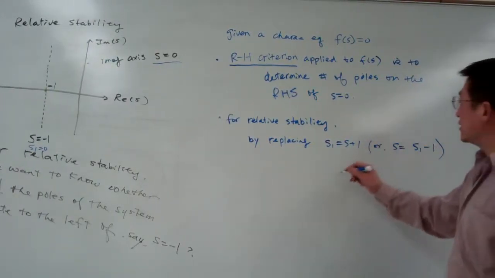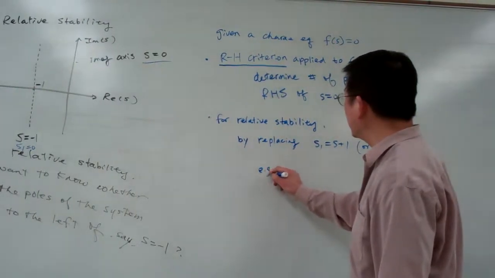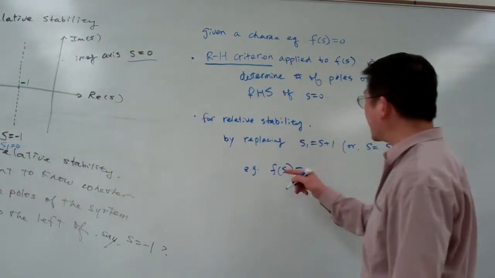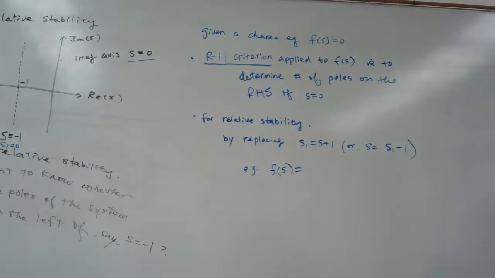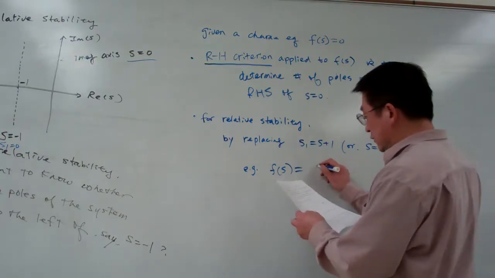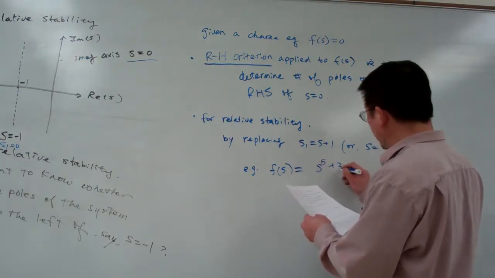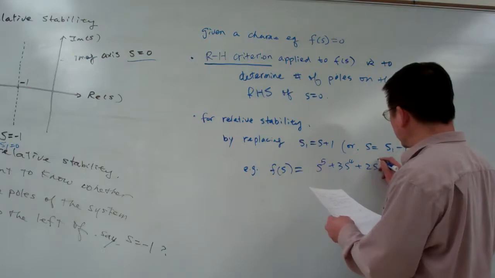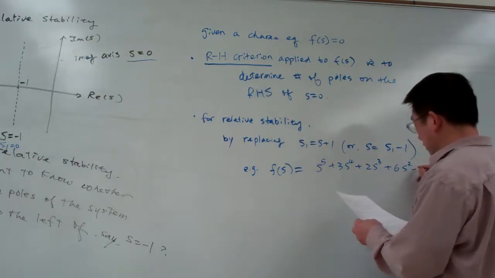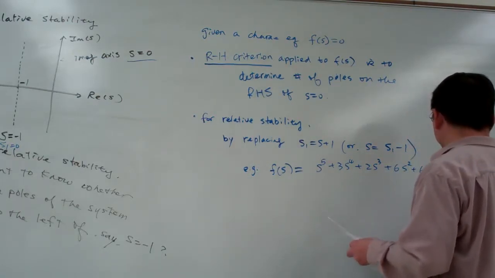So here you replace, for example, f(s), our given example, our previous example: s^5 plus 3s^4 plus 2s^3 plus 6s^2 plus 6s plus 9 equal to 0.